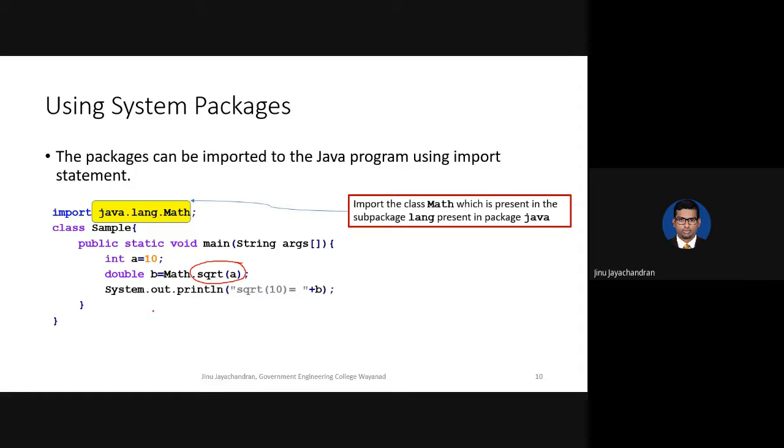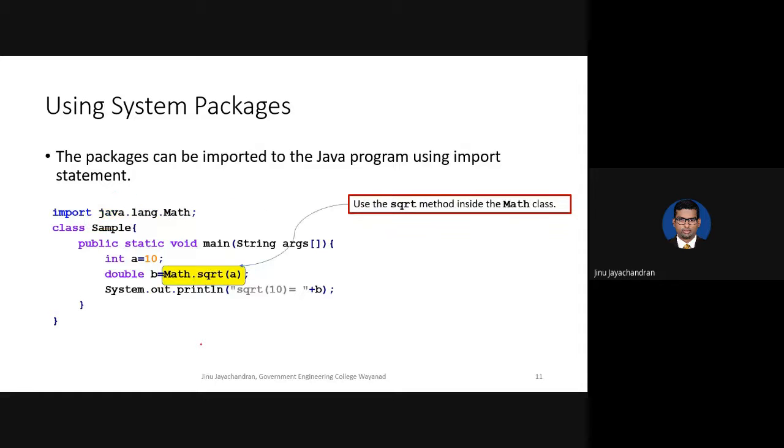You say java, which is the package, lang, which is a sub package, dot math, which is the class inside the sub package. So you can import the class math, which has a method called sqrt, which can be accessed for finding the square root of a number.